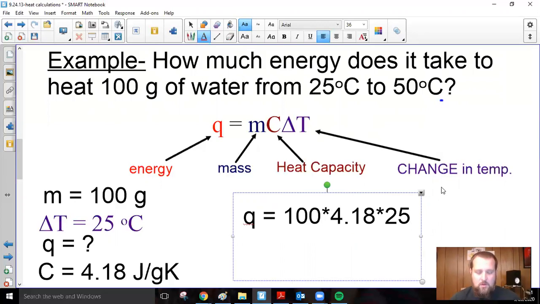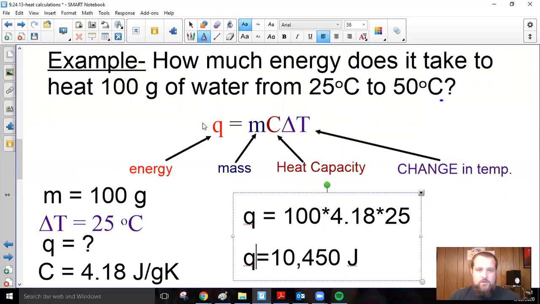So when you do the math, I have not done the math, but I'm doing it on my phone right now. I get 10,450. And my units, because this is heat, is joules. So that's me walking you through one example.